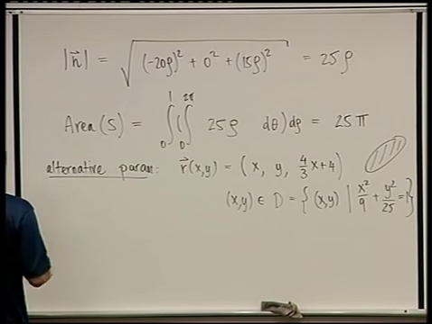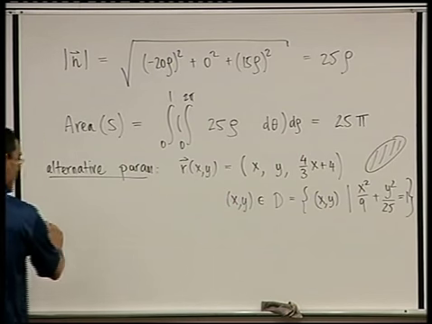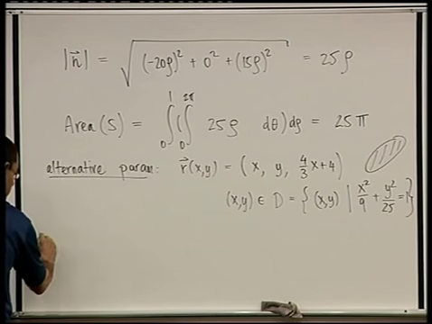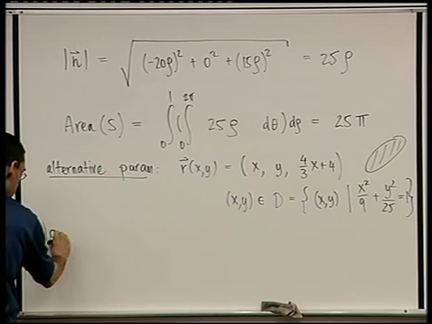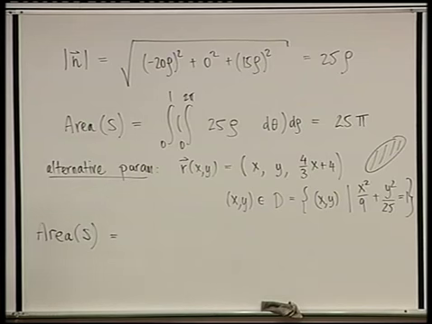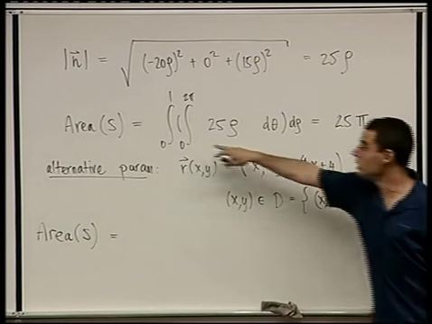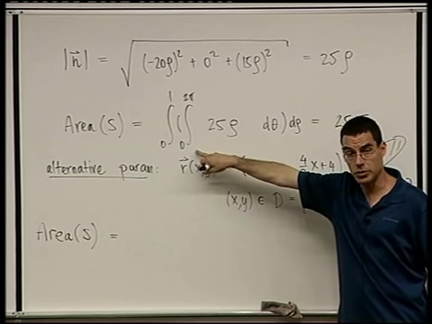So let's see if we can figure out all the details now. Let's make a somewhat shorter calculation and right away write the area. The area of the same surface is going to be the double integral over the domain of the parameters. That's what we did here, we just wrote it as an iterated integral.